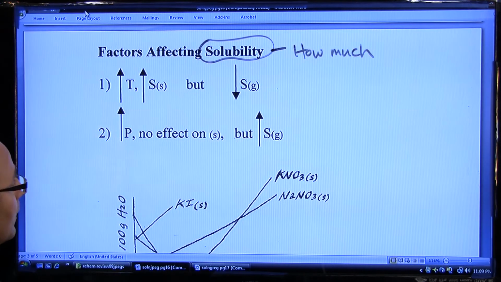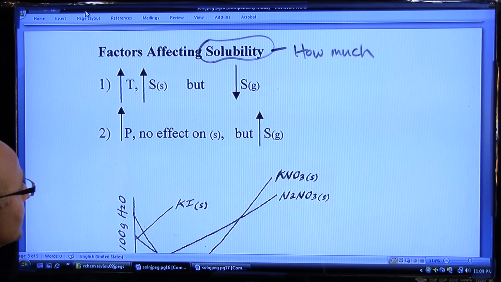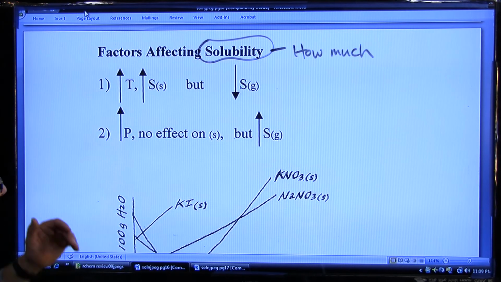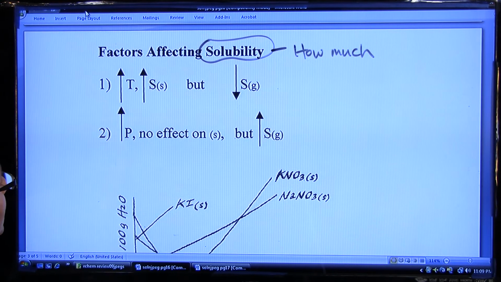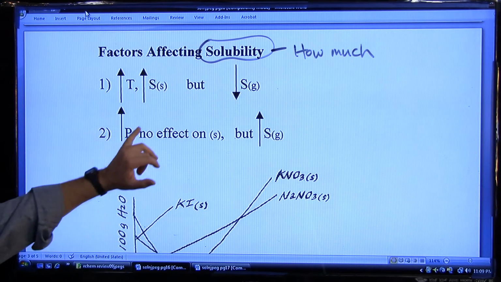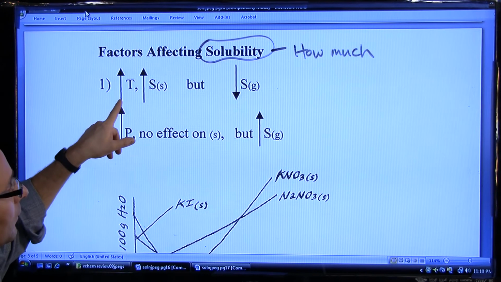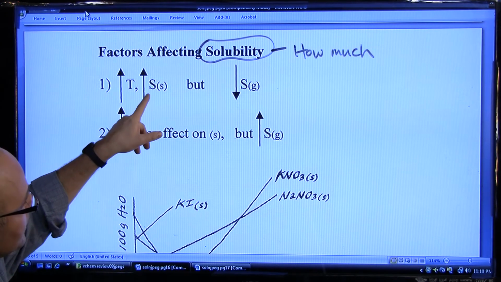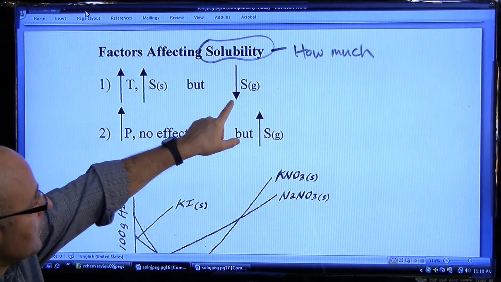And you could divide solutes into 2 categories here: those that are affected by temperature and those that are affected by pressure. All right, and when it comes to solids and gases, if you increase the temperature of the solvent, you'll increase the solubility of the solid, but you'll decrease the solubility of the gas.